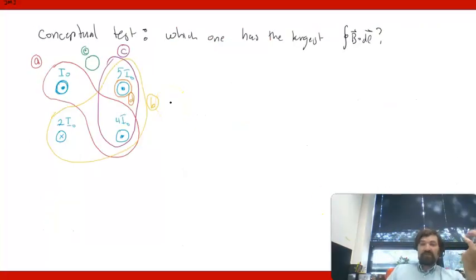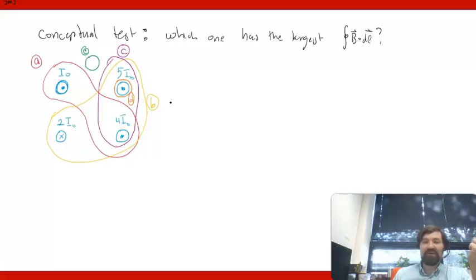So just to give yourself a little conceptual test of this Ampere's law, maybe it's worth asking, I've drawn here 5 little closed loops, and what I have is currents in terms of some base current like I naught or 1 amp or whatever.